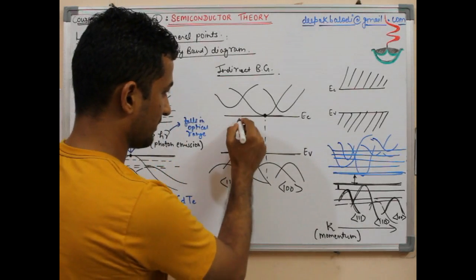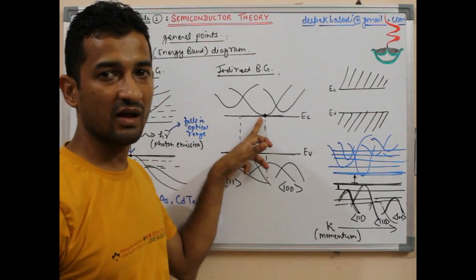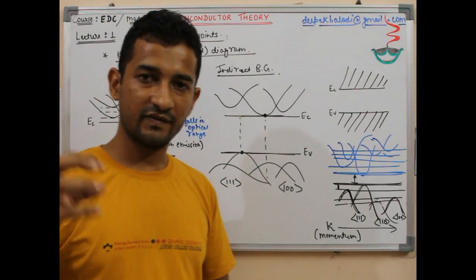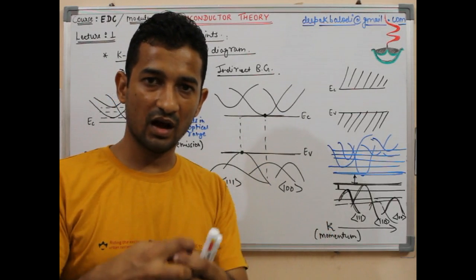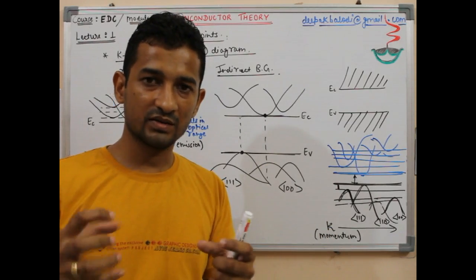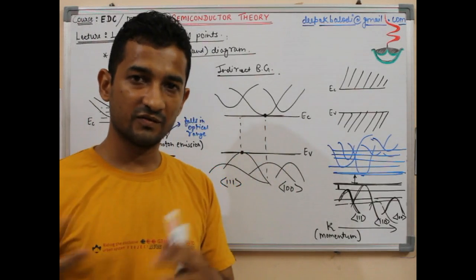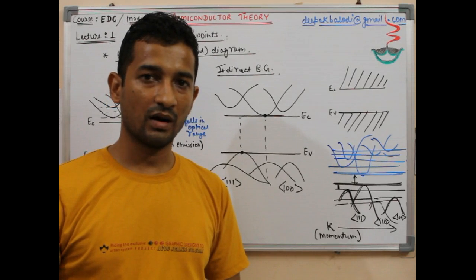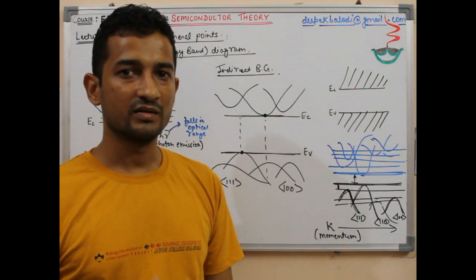So when this scenario happens, we can very easily see that whenever there occurs a transition from conduction band to valence band, that means whenever a free electron is finding a free hole in close proximity and they are going to recombine, then the momentum is not similar, and that difference of momentum will be transferred to the lattice, and there will occur a lattice vibration, and therefore a hypothetical particle parallel to photon, which we call a phonon, is emitted.